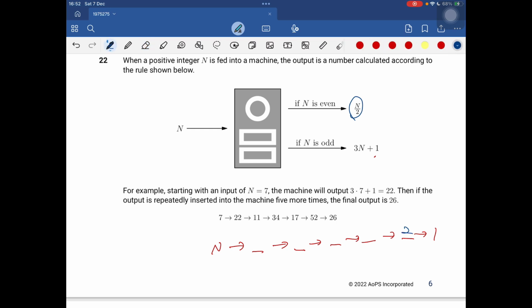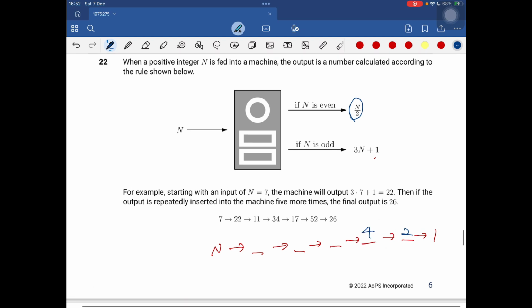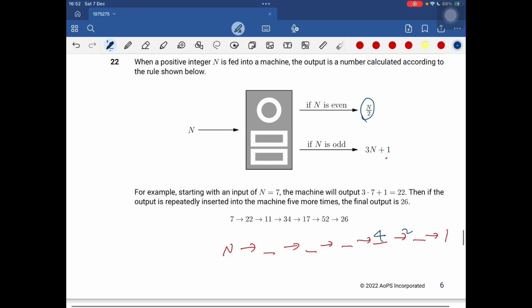But if the previous one was even, then it can be 4. Yeah. So 3n plus 1 cannot be 2 with positive n. So, okay. So until here, 4 and 2 is fixed.